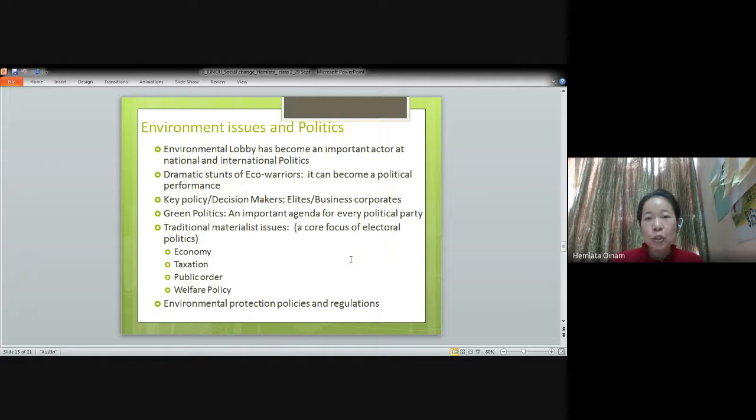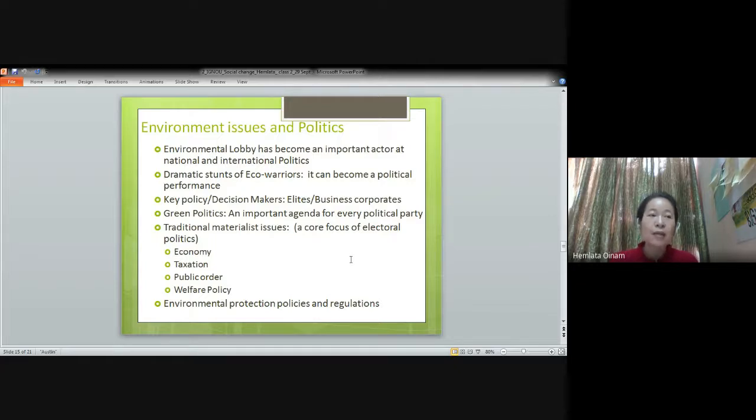So, in environmental issues and politics, we need to know that the environmental lobby has become an important actor in national and international politics. If you go back to your unit 3 on environmentalism, taking the example of the Sarawak rainforest in Malaysia, you will see that a lot of lobbying happened, where even the Malaysian government tried to create some committees to assess the resources and its advantages, or why this particular development policy became a failed policy.